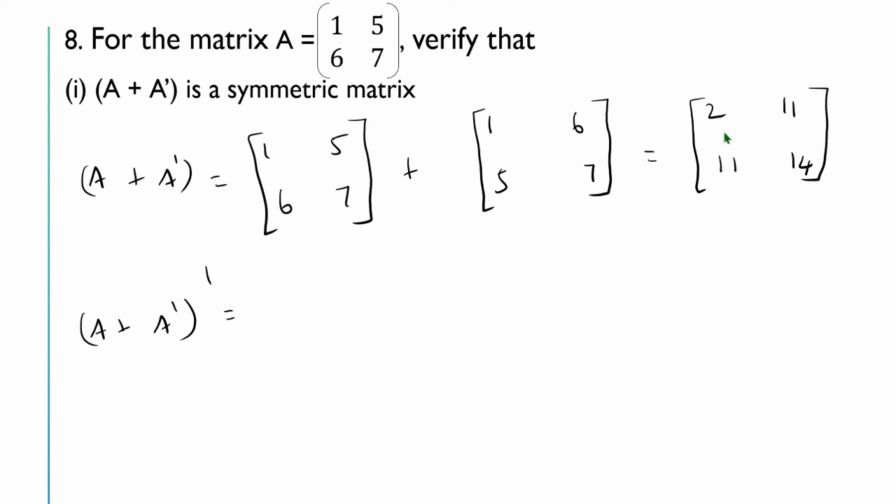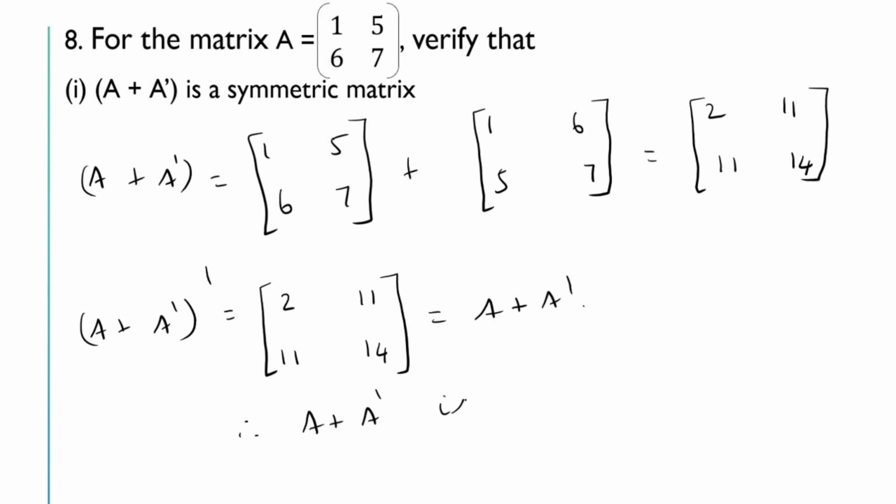So the first row becomes the first column and the second row becomes the second column. 2, 11, 11, 14, which is nothing but it is equal to A plus A transpose. Therefore, A plus A transpose is symmetric.